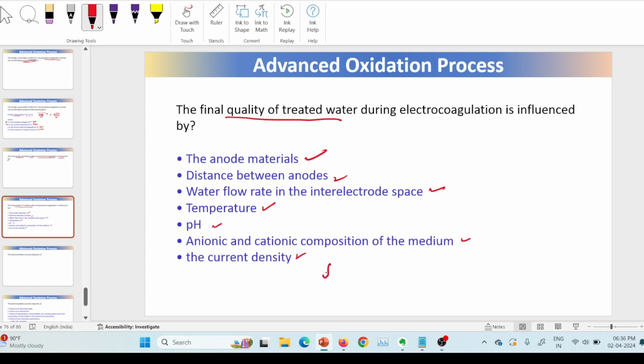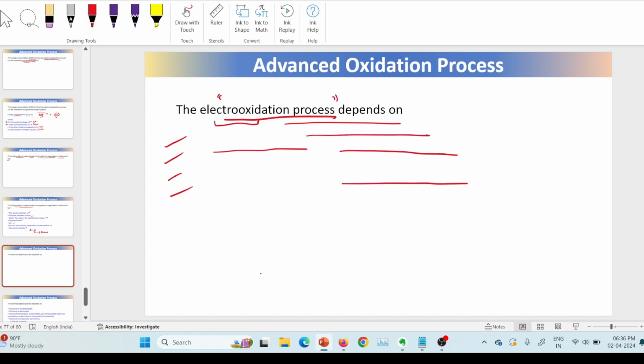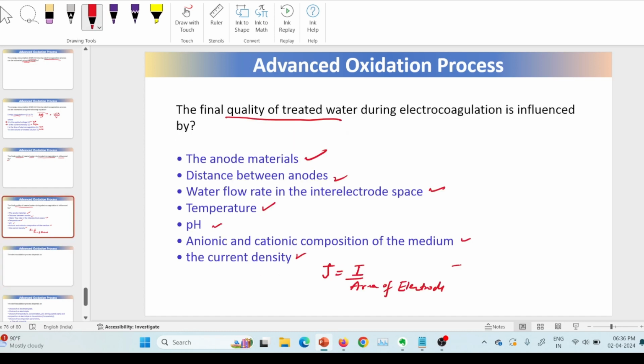Current density is defined as J, that is equal to current per unit area of electrode. Its unit is generally ampere per centimeter square or ampere per meter square.